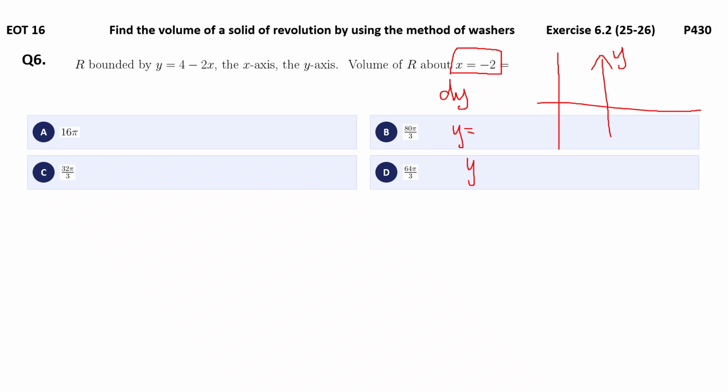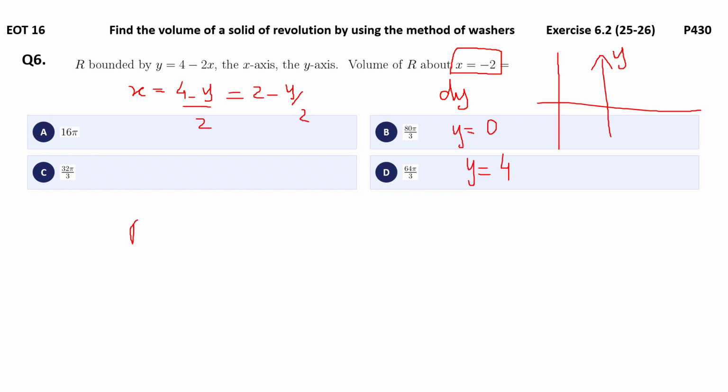Already we found our y limits are ranging from 0 to 4 and your expression converted as x is equal to 4 minus y by 2, which is nothing but 2 minus y by 2. Simplest form.